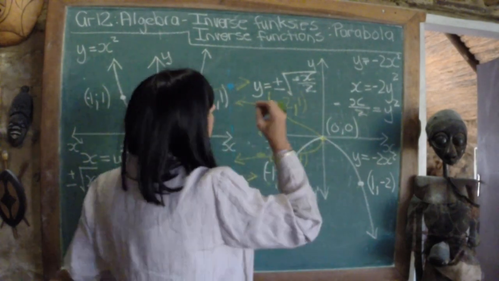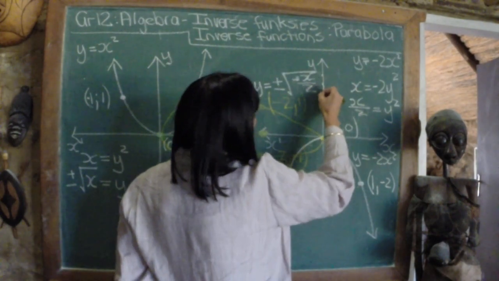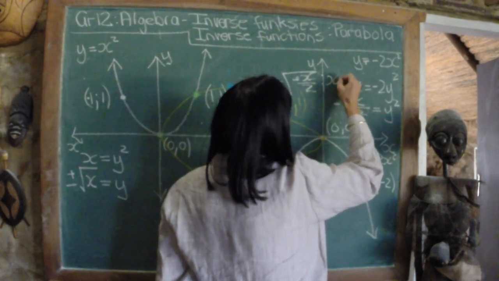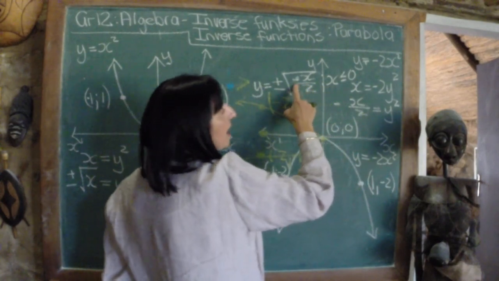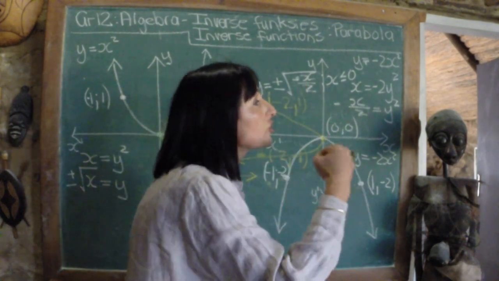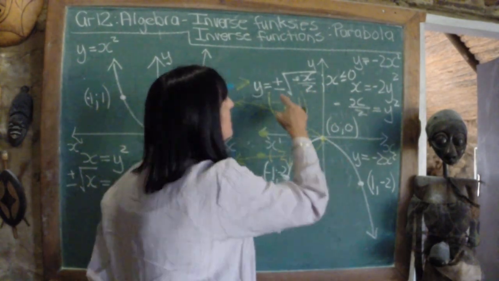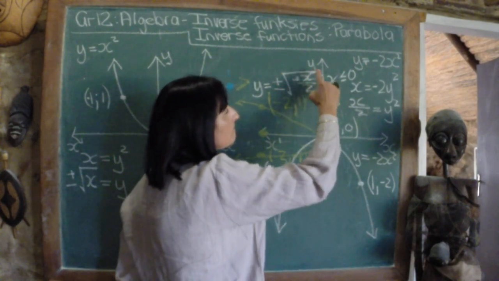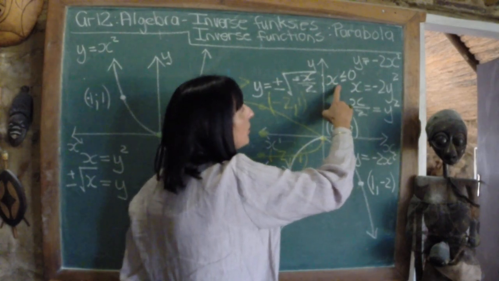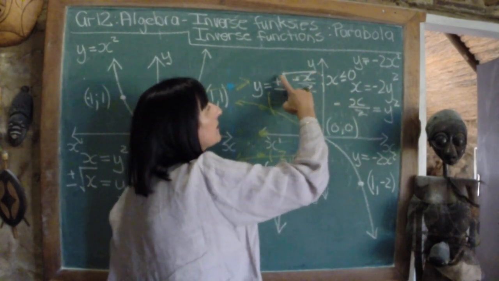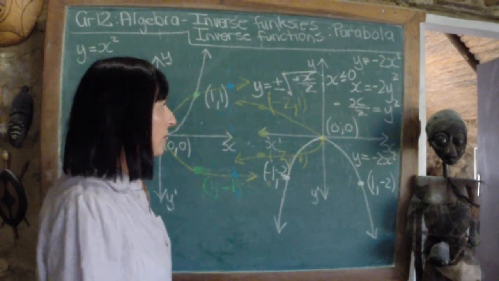So ek kan eintlik tussen hakies gaan sê, x moet kleiner of gelyk wees aan 0. Because if x is not 0 or smaller than 0, this will be non-real. As x nie 0 is of kleiner as 0 nie, gaan hierdie ding nie reëel wees. Maar ons sal later daarby kom.